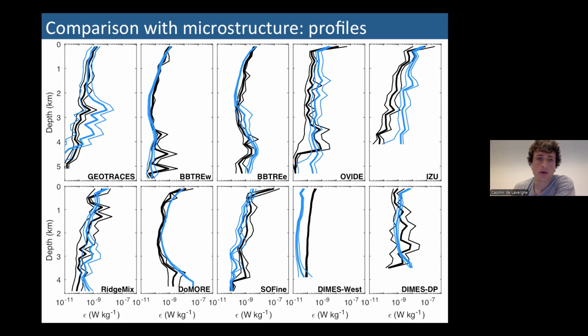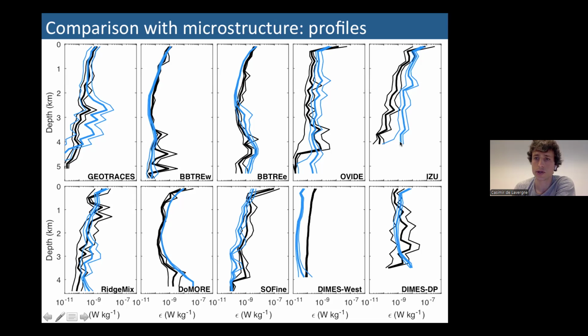Obviously, I won't go into details for each of these projects. Just see that the scale goes from 10 to the minus 11 to 10 to the minus 6, so you have 5 orders of magnitude here. And in general, the parameterization captures the broad shape and the broad magnitude of dissipation in these locations, with of course some exceptions.